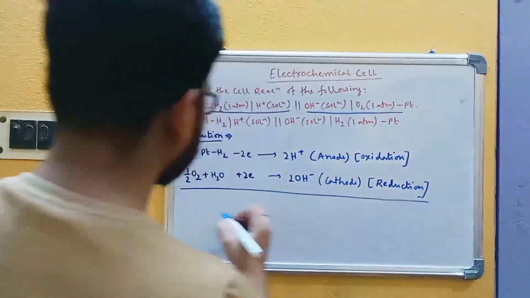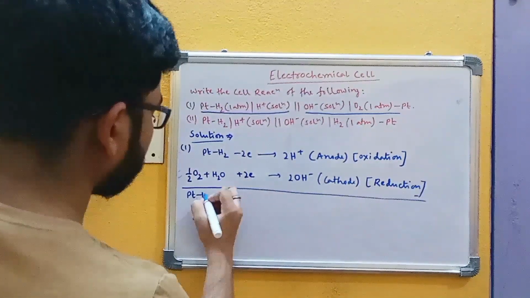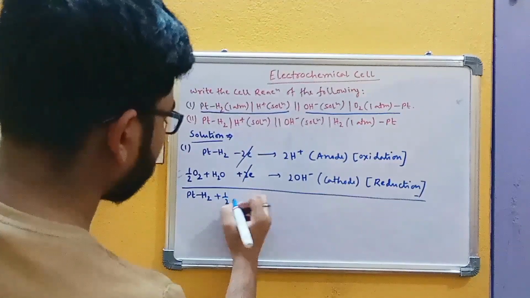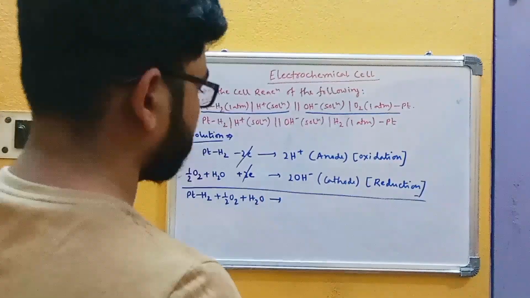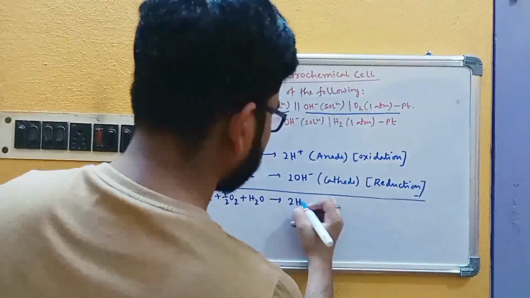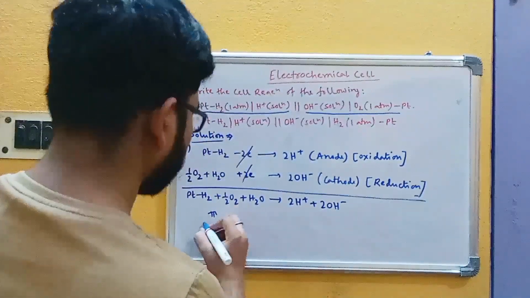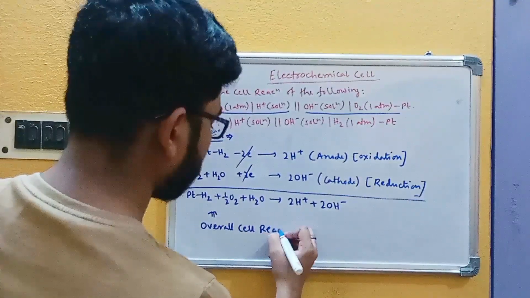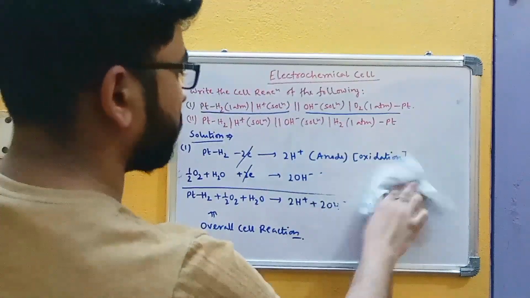So we write the overall cell reaction, that is H2, and this cancels out, plus half O2 plus H2O, and from that we get 2H plus and 2OH minus. This is the overall cell reaction. So we try to solve the next.